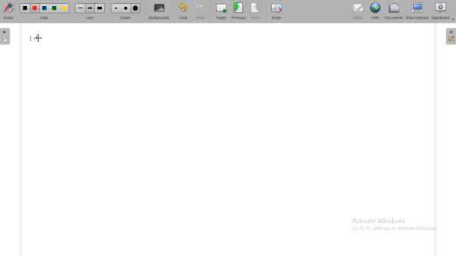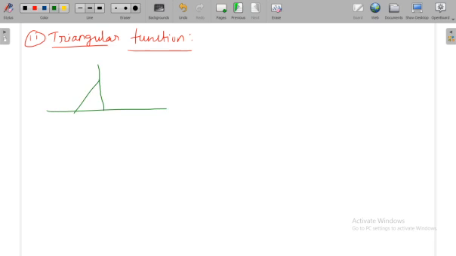The next one is the triangular function. Say this is minus T by 2, this is plus T by 2, amplitude is A, and this is x of t.